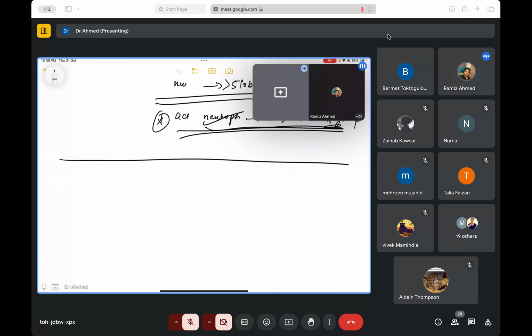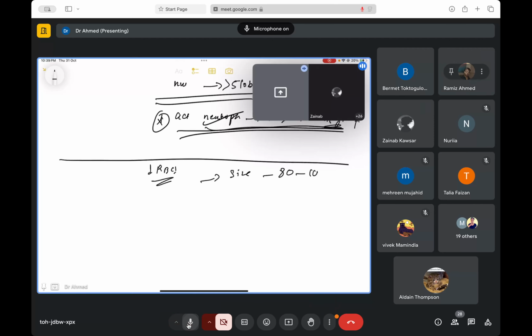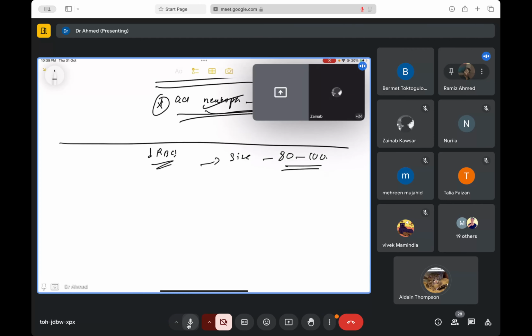What do we mean by normocytic anemia? That you have less red blood cells concentration, but the size is normal, between 80 to 100, right? So you can have breakdown of red blood cells or underproduction of red blood cells in your bone marrow, right?